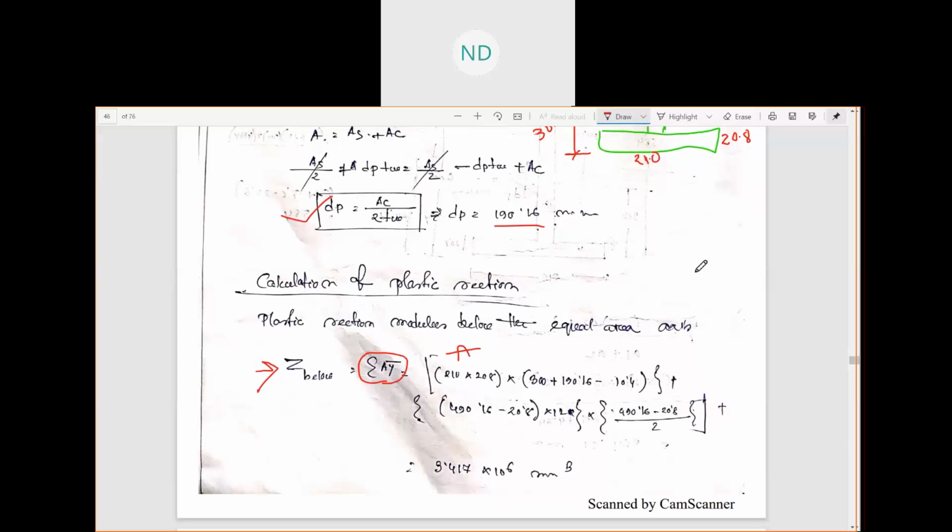Y bar is the distance between the axis of the built up member and the CG of the member which we are considering. So we need this distance.